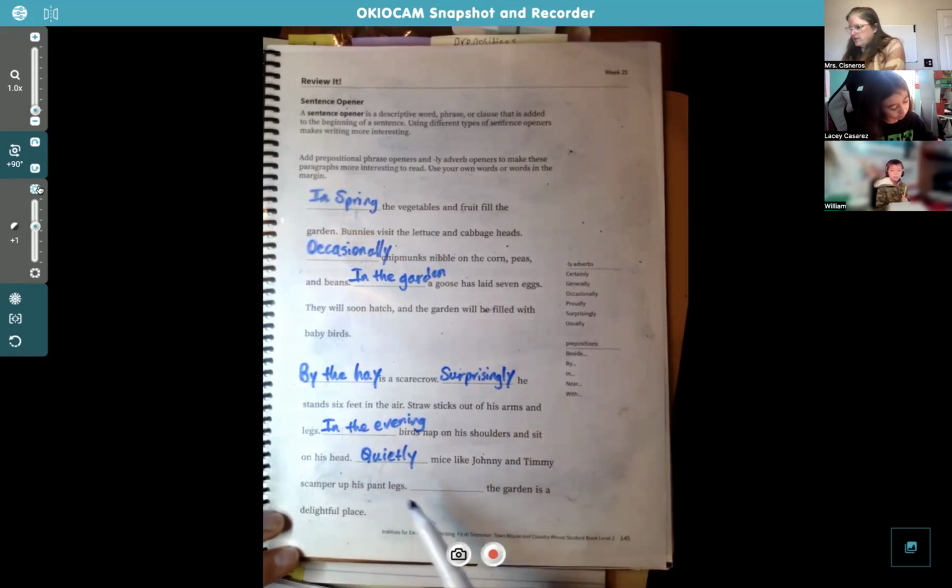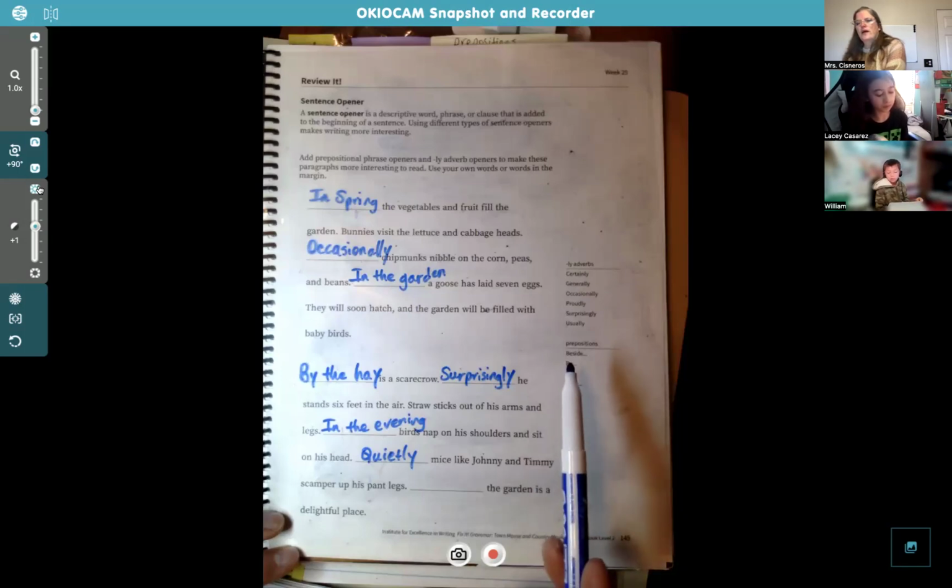Blank the garden. This is another ly for you, William. Blank somethingly the garden is a delightful place. You can use one of those words there with the ly, or you can think of your own.